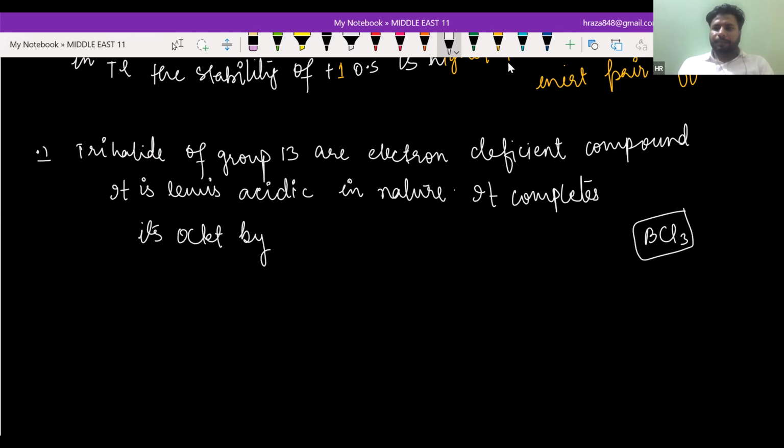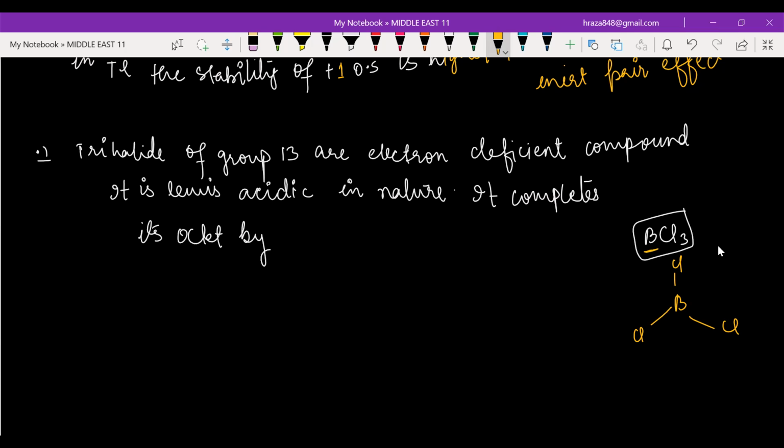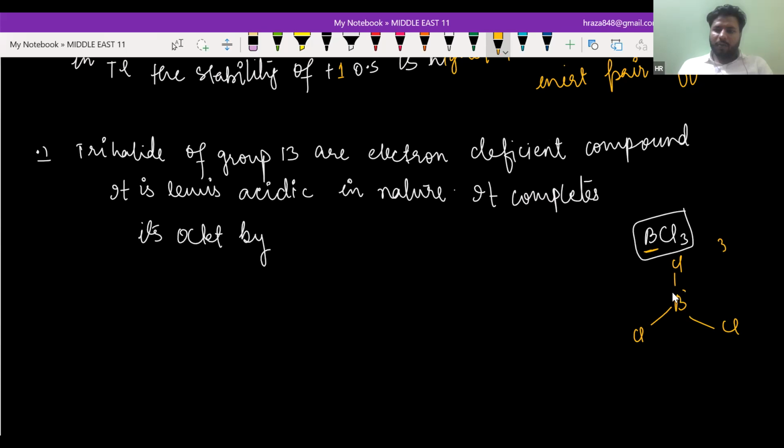Tell me, how can you say that this BCl3 compound is an electron deficient molecule? Krishna, can you answer me? See, how many bonds is boron making with chlorine? Total bonds. 3 bonds. That means how many electrons does boron have? 6 electrons.